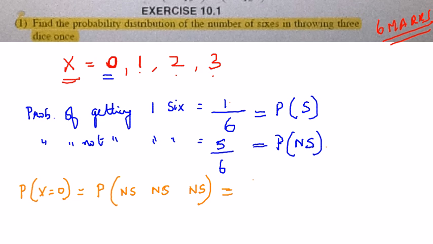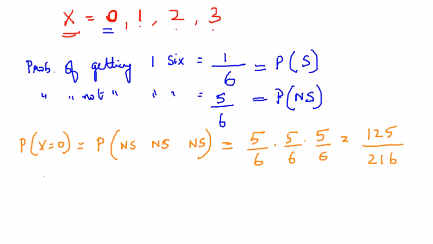So it becomes 5 by 6 into 5 by 6 into 5 by 6, which is nothing but 5 into 5, 25 into 5 is 125, and 36 into 6 is going to be 216, right?